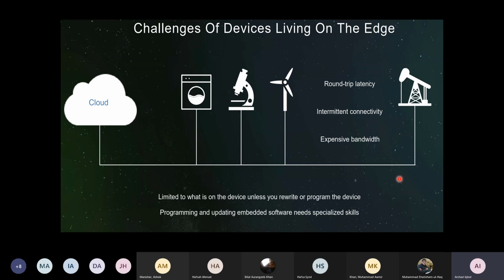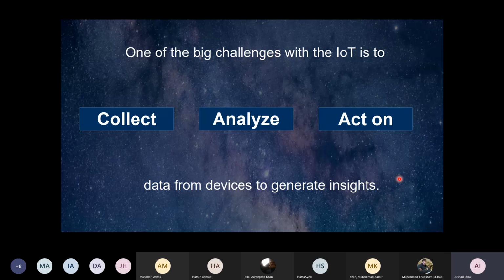So there are some kinds of challenges in IoT devices. One of the big challenges with IoT is to collect data, analyze data, and act on the data, so data from different devices to generate insights. When we say generate insights, here comes artificial intelligence.